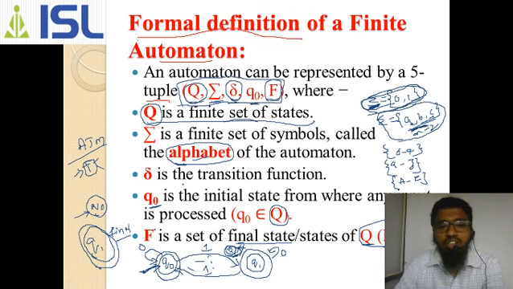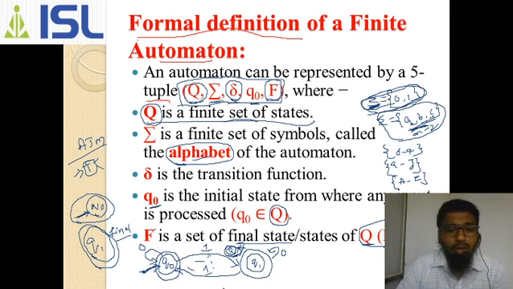What is q0? q0 is the initial state, and it is represented by a state with an arrow, which represents the initial state. q0 belongs to capital Q. F is a set of final states, so F is a subset of Q. Final states are represented as a double circle, and more than one final state can be there in our finite automata.